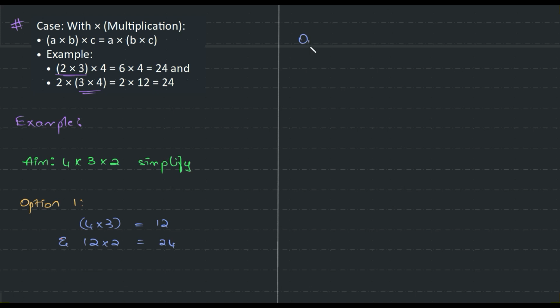Or I have option 2, which is 3 into 2, which is equal to 6. And then we have 4 into 6, that is 24. And so we end up with the same answer, it doesn't matter the order of operation.